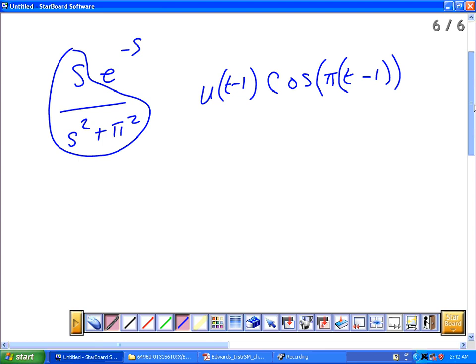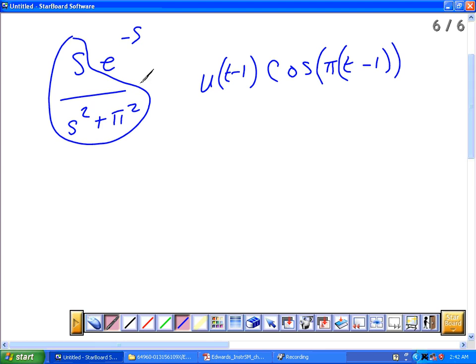Okay, so if we look at this, we think to ourselves, okay, well, that's cool. So this is u of t minus 1. So we shifted to the right 1 unit. That's nice. And then we say, all right, well, if you blow this thing up a little bit, it would be nice if we could get rid of some of this, and we can. So the period here is 2 pi. Well, let's not do it that way.